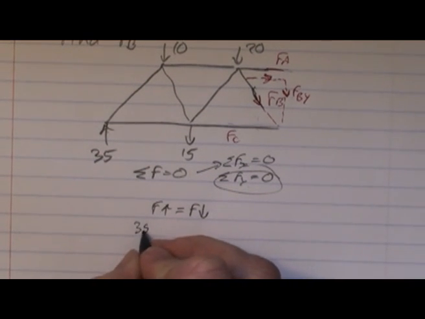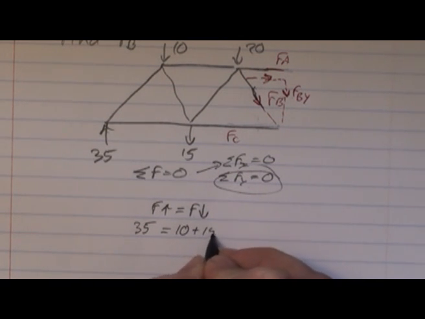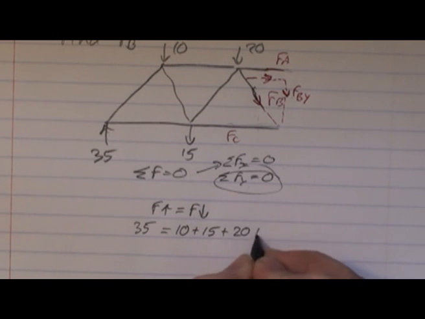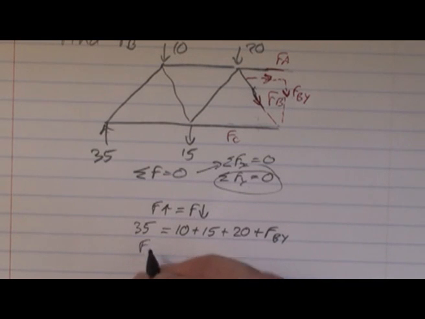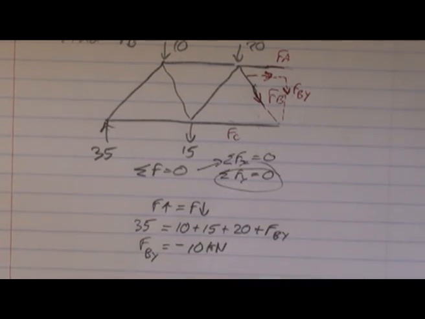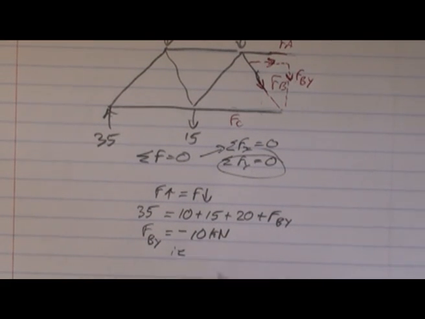So forces up 35, forces down 10 plus 15 plus 20 plus FBY. Rearrange this, FBY is equal to negative 10 kilonewtons, i.e. since it's negative my arrow must be the wrong way, so FBY must equal 10 kilonewtons going up.